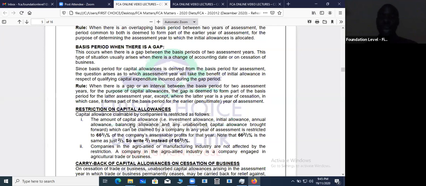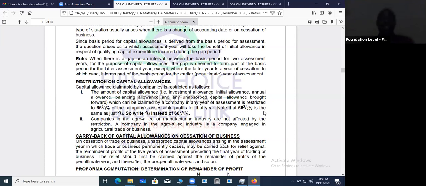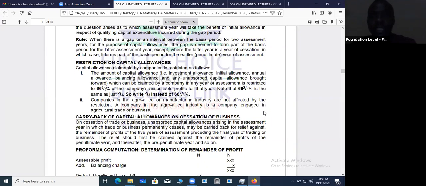When there is a gap, the gap belongs to the later years, with the exception of cessation rule, where what is restriction in capital allowance? Restriction in capital allowance means that you cannot charge all the capital allowance that you claim in a year.